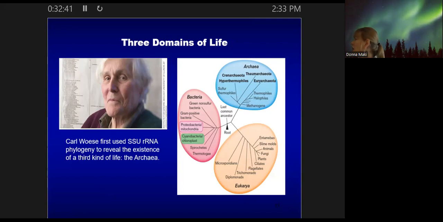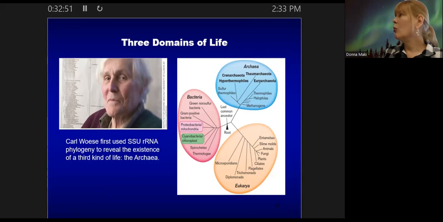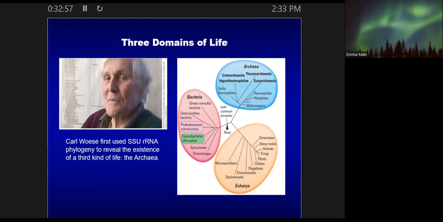When he started doing this, he realized that the so-called archaea type of ancient microbes, well, they're current ones too, we used to lump them into the bacteria, and now they're like, yep, they're different. And so now we have three domains. I need you to know what the three domains are: bacteria, archaea, and eukarya.